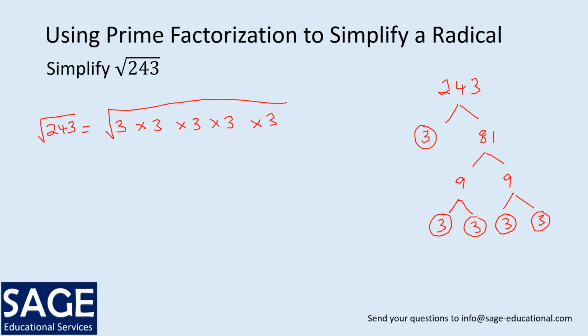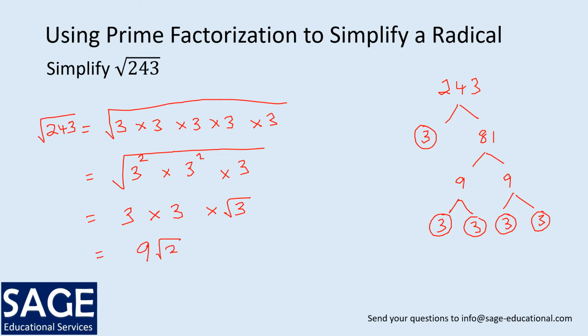So this can now be written as square root of 3 squared times 3 squared times 3, and then you can take the square root. Each square is undone by the square root, so I can write this as 3 times 3 times the square root of 3. The 3 times 3 is 9, so the square root of 243 simplifies to 9 times the square root of 3.